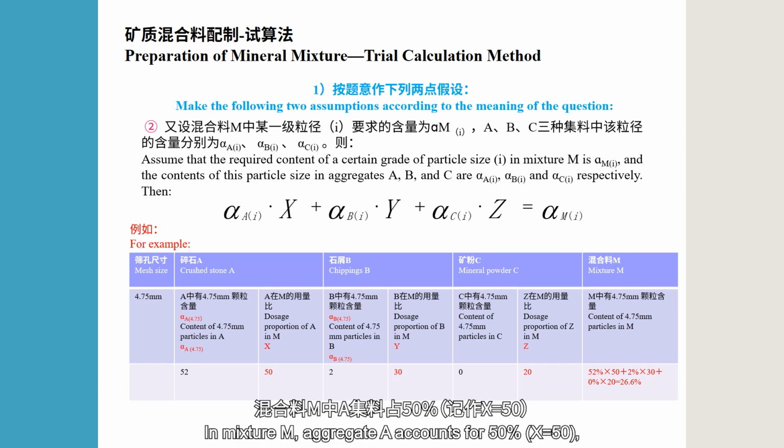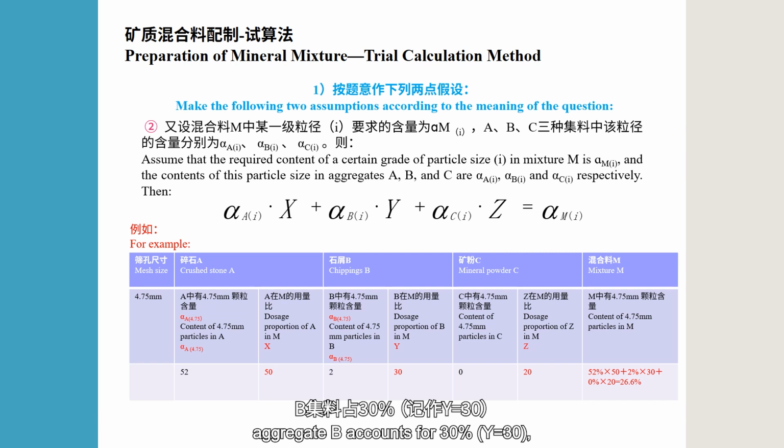In mixture M, aggregate A accounts for 50%, or X equals 50. Aggregate B accounts for 30%, or Y equals 30. And aggregate C accounts for 20%, Z equals 20.